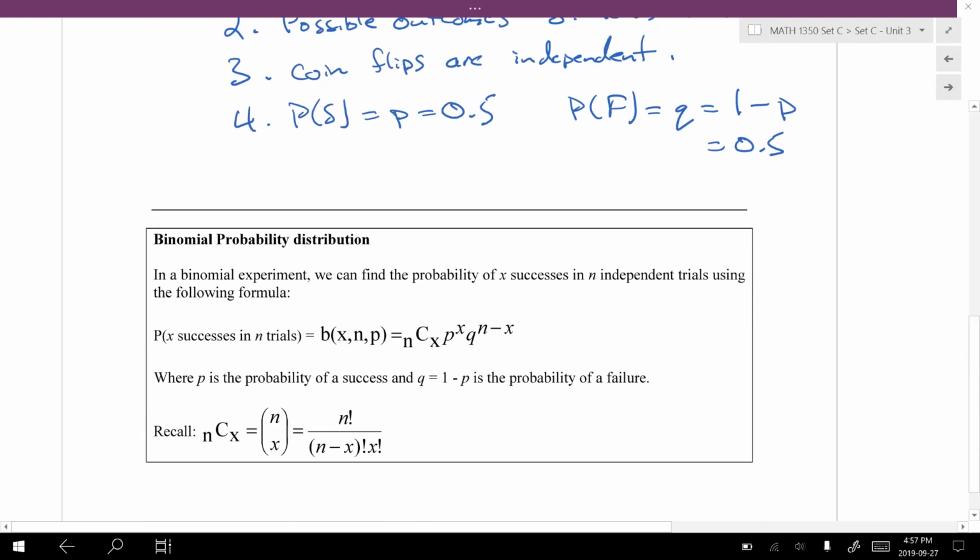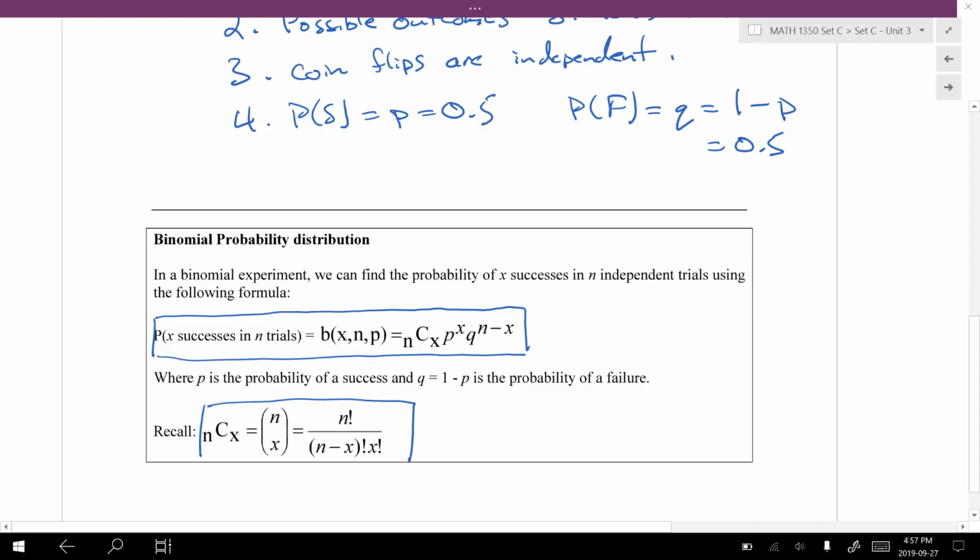We have the following convenient formula when we are thinking about probabilities for binomial experiments. Because they satisfy so many properties and are so restrictive, we can compute in general this formula that you can use to find the probability of different numbers of successes.